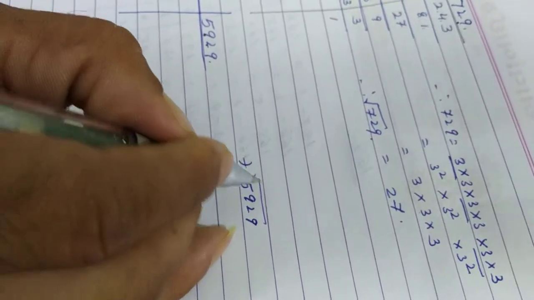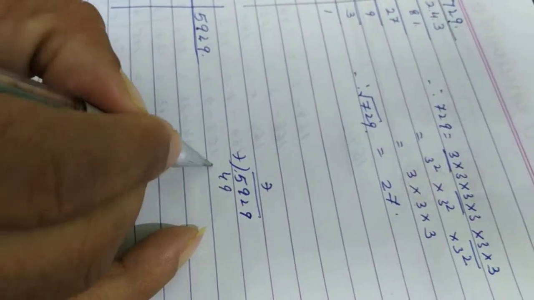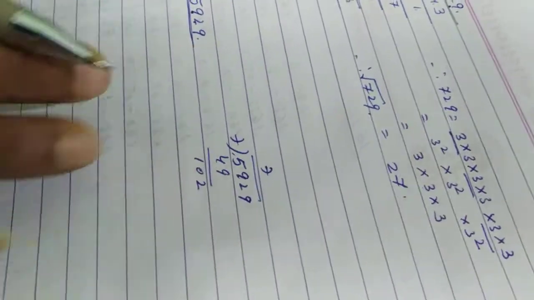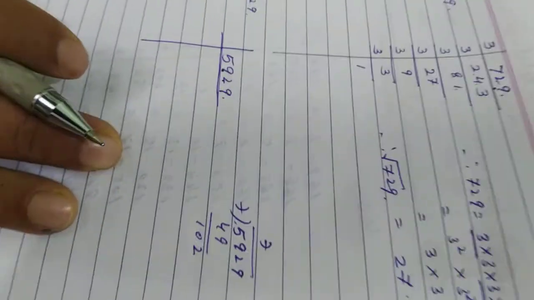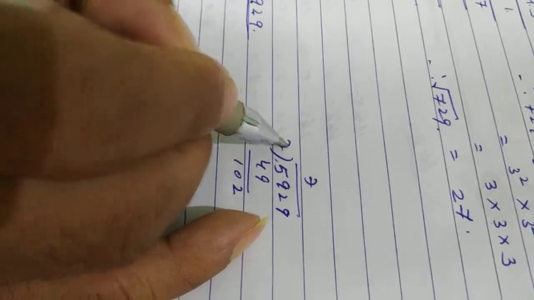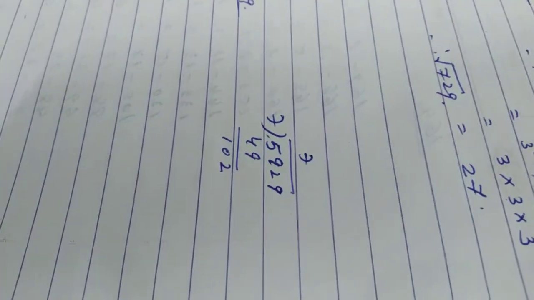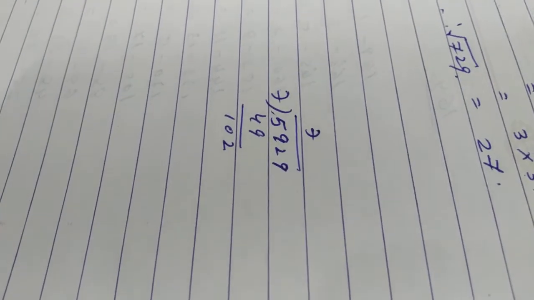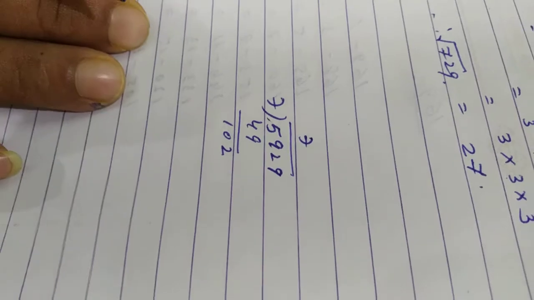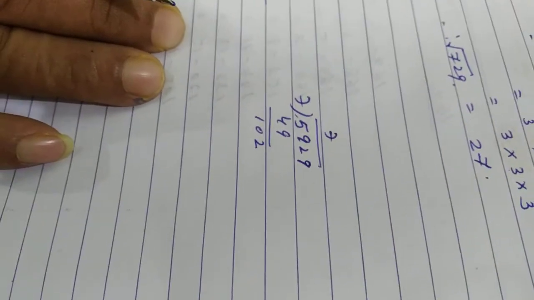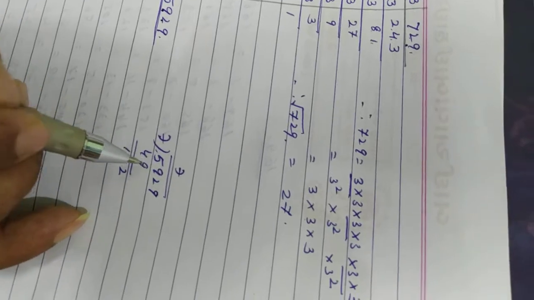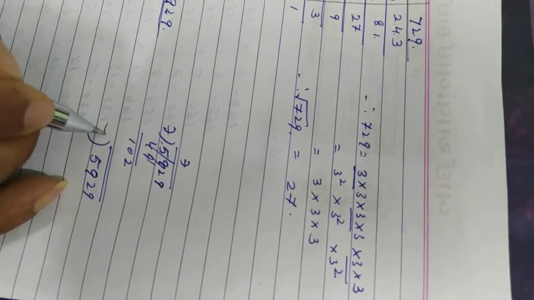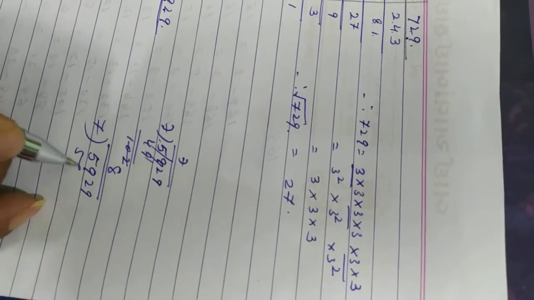5929 divided by 7. 7 sevens are 49. Sorry, here 7 8s are 56, so we do the calculation again.